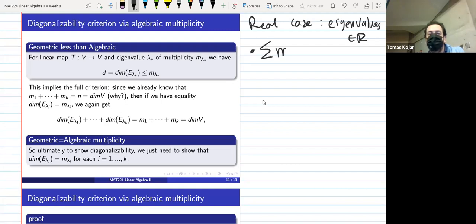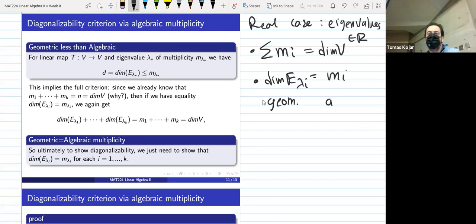You need the summation of multiplicities to be the whole space, and you need each of the geometric multiplicities to equal the algebraic.